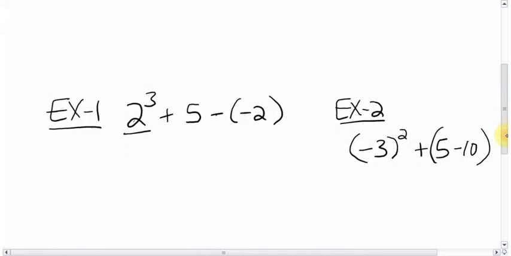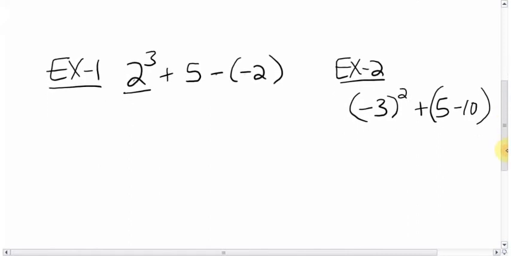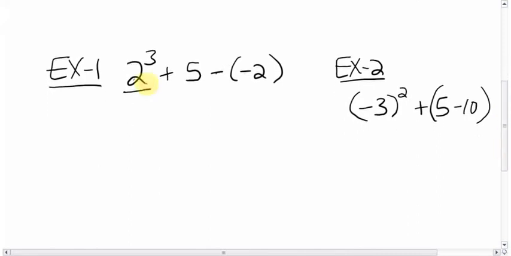Okay, let's take a look at some examples of this with BEDMAS. So here we have 2 to the power 3 again, plus 5 minus negative 2. According to BEDMAS, we do brackets. There are no questions inside brackets here, so we go to exponents, E for exponents, and we have an exponent here. 2 to the power 3, what we'll do first. That's 8, like we just learned above.